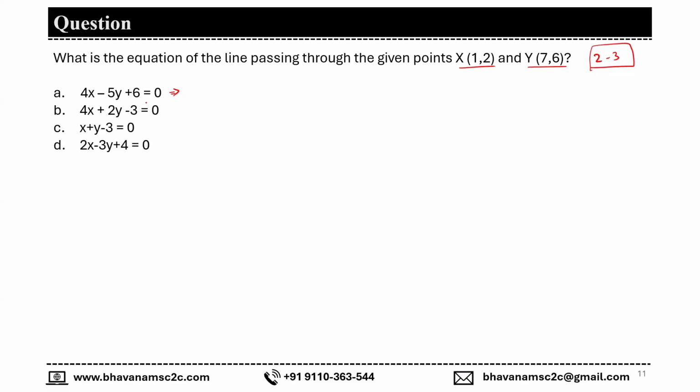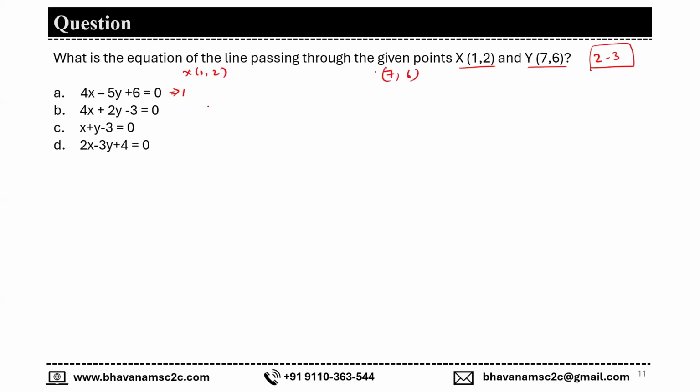Yes. So for any line equation or any curve equation, if they give you one, like here in this particular equation C, what they gave is 4x minus 5y plus 6 equal to 0. What we are doing is substituting the points, x, which is 1 comma 2, and y, which is 7 comma 6.